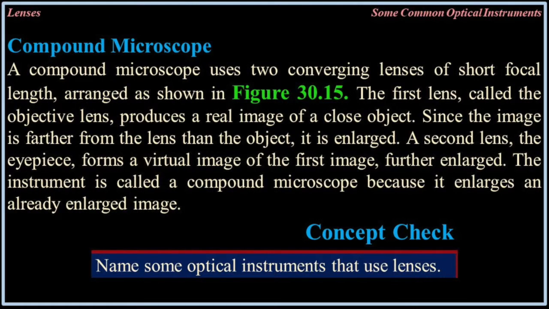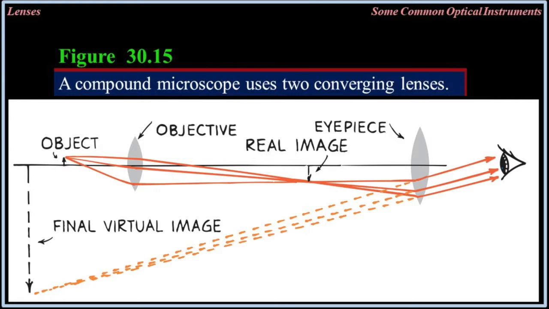Compound microscope. A compound microscope uses two converging lenses of short focal length arranged as shown in Figure 30.15. The first lens, called the objective lens, produces a real image of a close object. Since the image is farther from the lens than the object, it is enlarged.